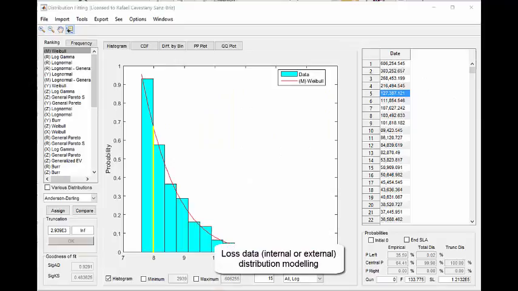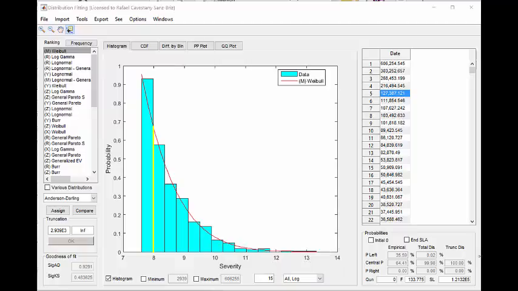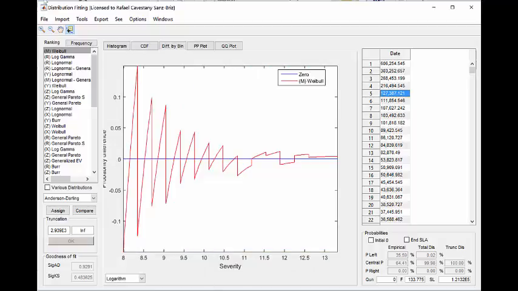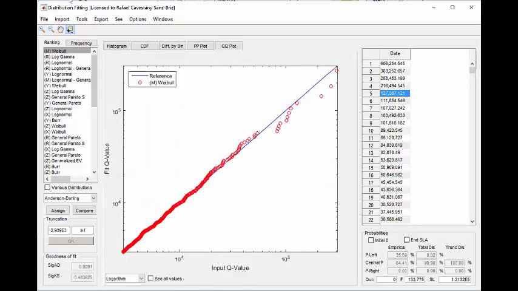Op Capital Analytics can fit multiple distributions to internal or external loss data. It provides multiple means to evaluate the goodness of fit, including graphical, such as the histogram and the cumulated distribution function, and the difference by bin, the probability plot, the quantile plot under multiple formats.